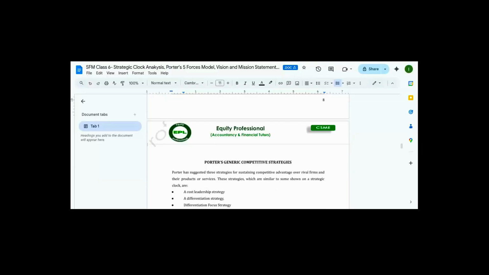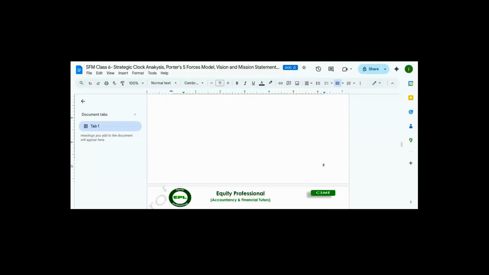So Michael Porter says the five forces model comprises the threat of new entrants, those are potential competitors, availability of substitute products, the bargaining power of the sellers, the bargaining power of the buyers, and rivalry among major competitors.